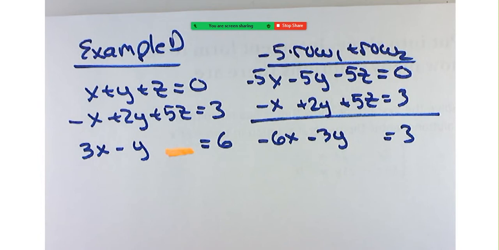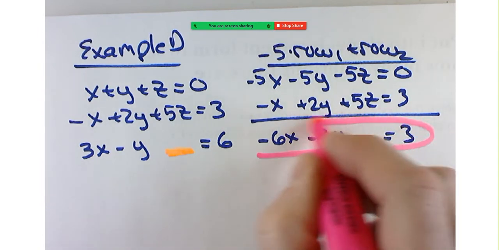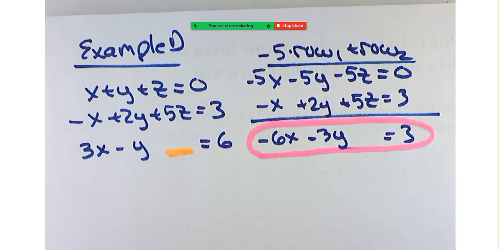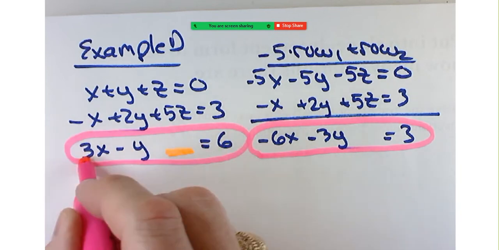Now, why is that special? What's nice about it is it just depends on x and y, right? Is there another equation that just depends on x and y? Yeah. It's right here.